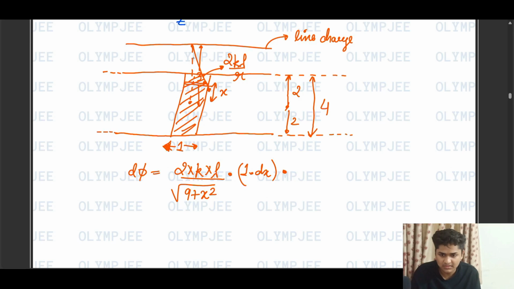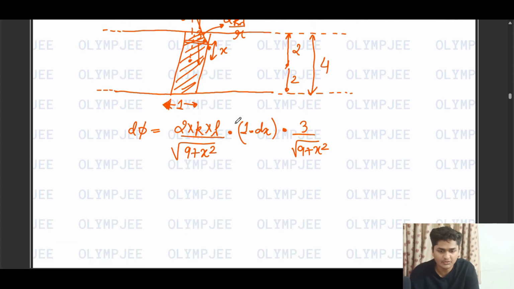So cos theta is this angle, right? So this cos theta would be given by 3 by root of 9 plus x square. So if we integrate this from -2 to +2, we will find the flux through the strip.